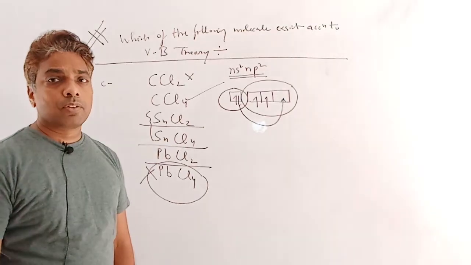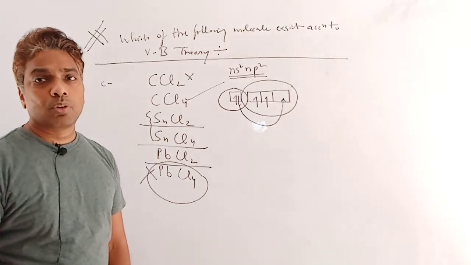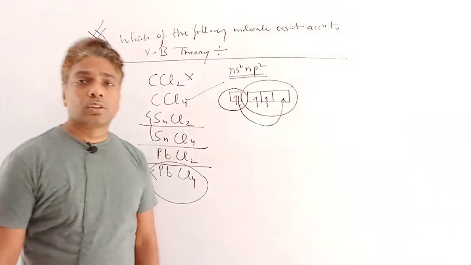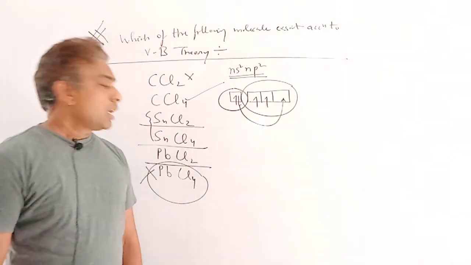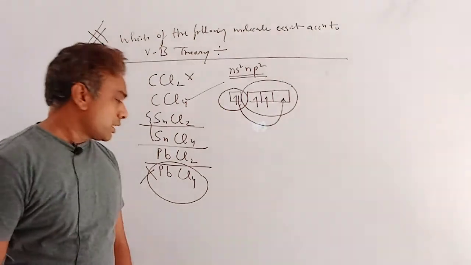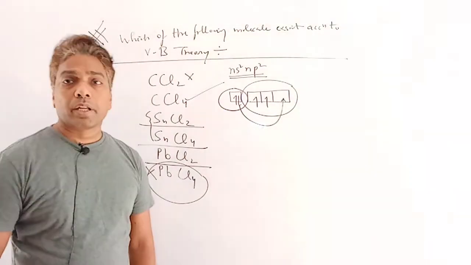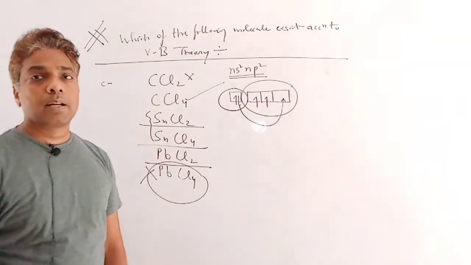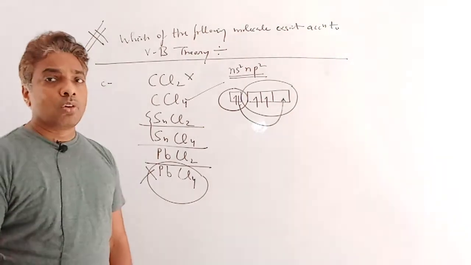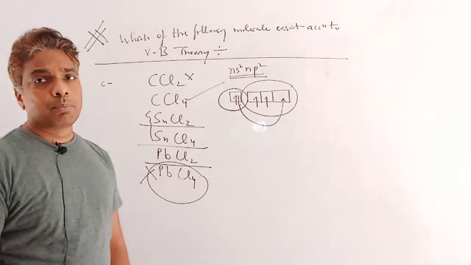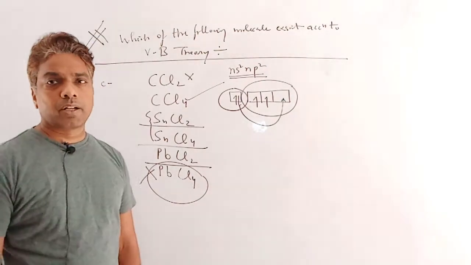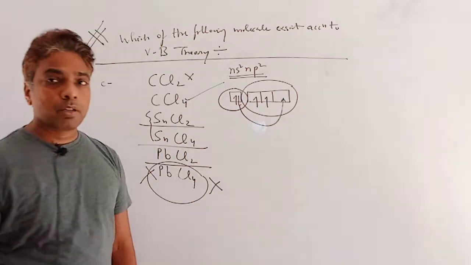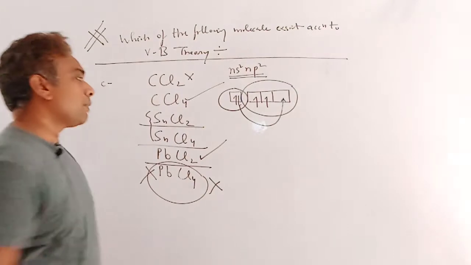So only PbCl2 is known, while only 2 unpaired electrons are present in ground state, and its excited state is not possible due to inert pair effect. Only in case of lead in carbon family it shows inert pair effect. So PbCl4 does not exist or is unstable, while PbCl2 is the stable compound.